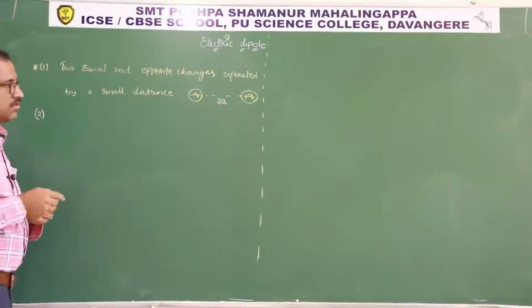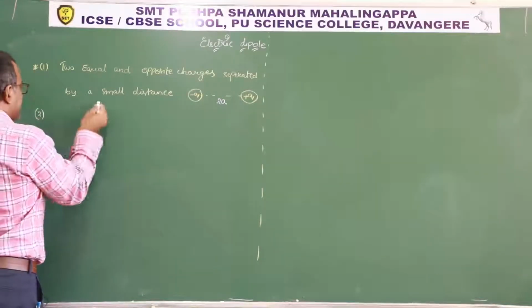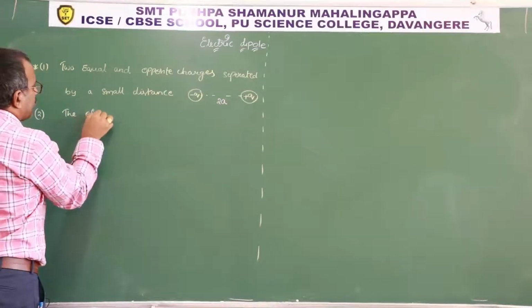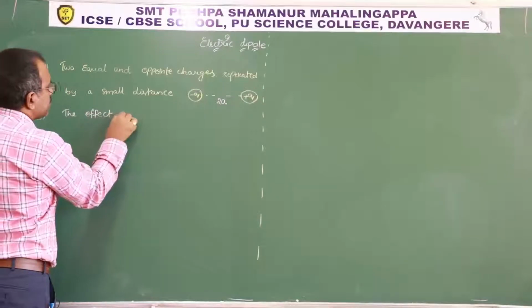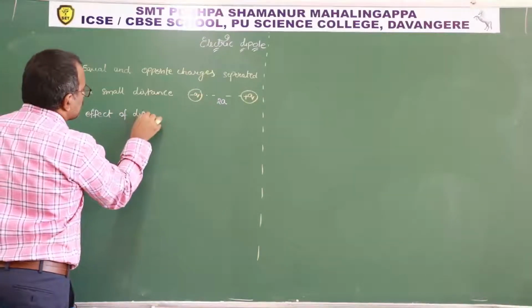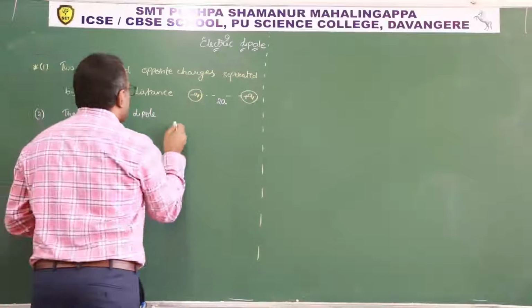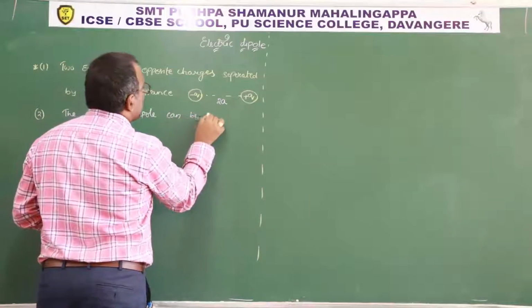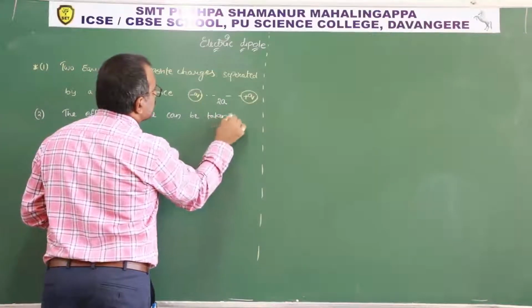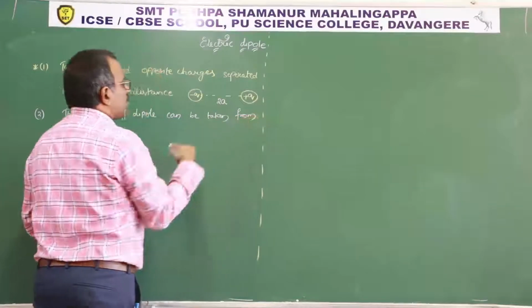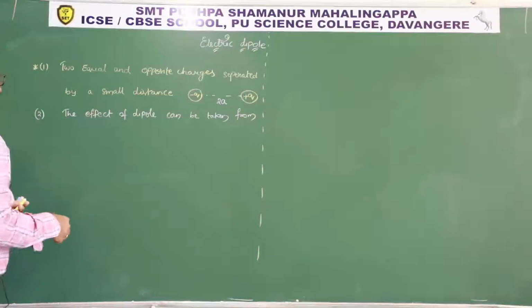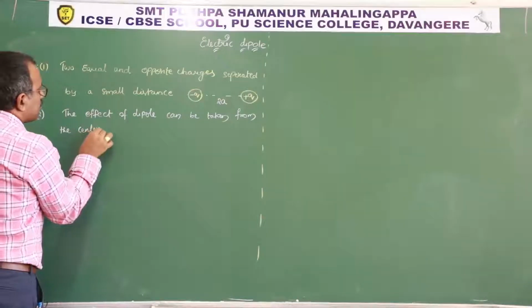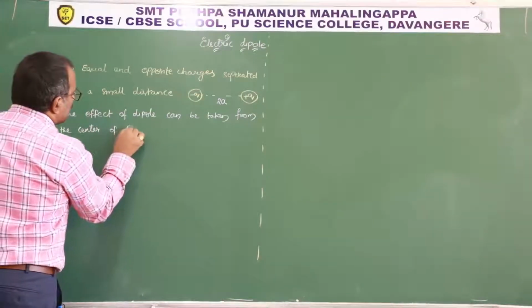Point number 2. The effect of the dipole can be taken from the center of the dipole. Very, very important.